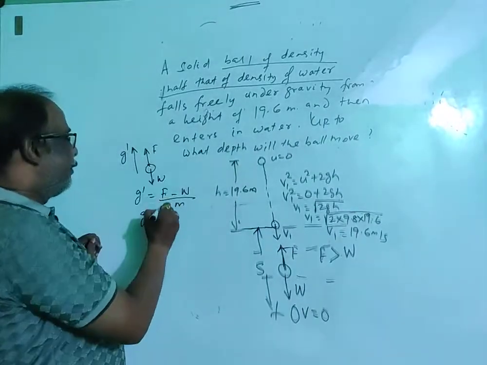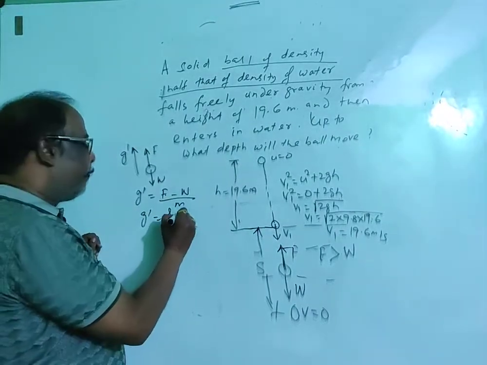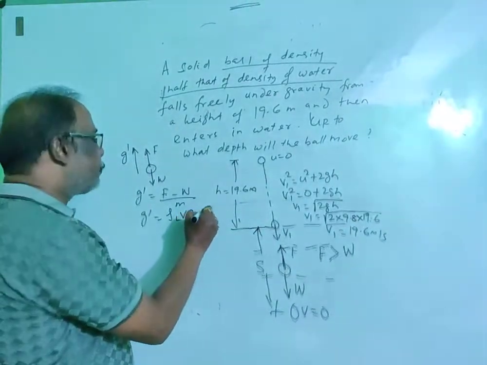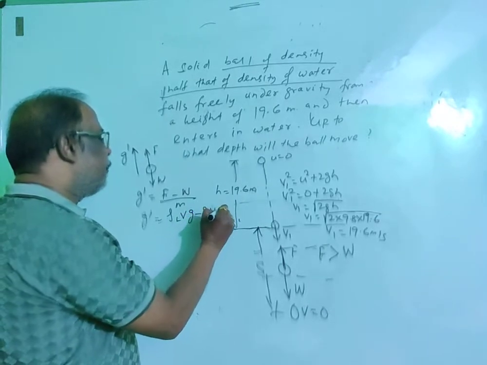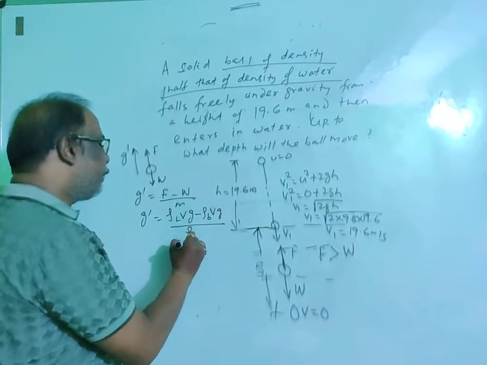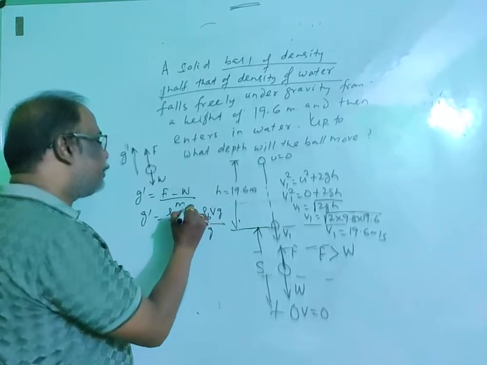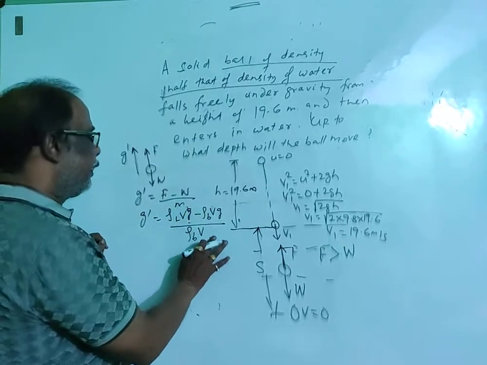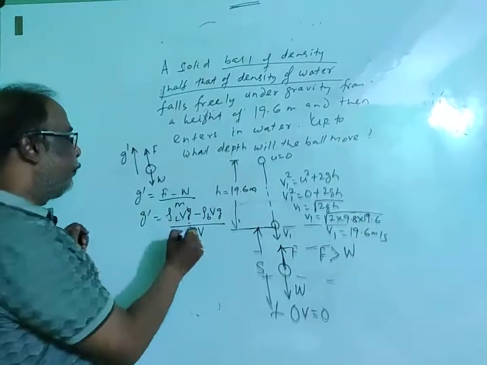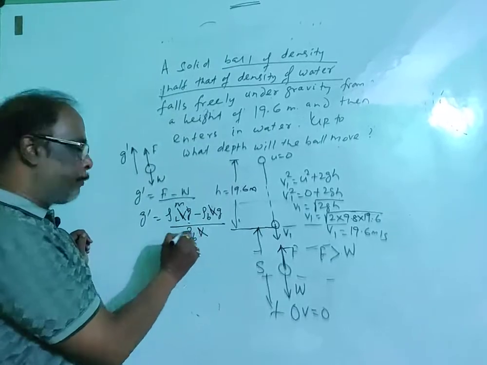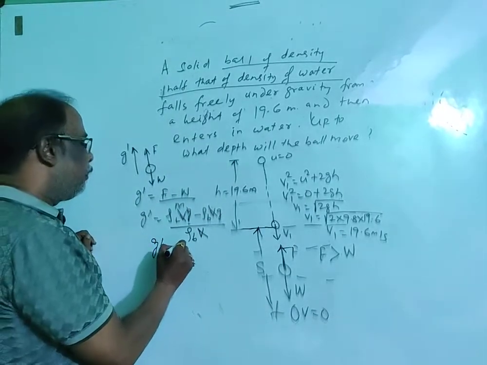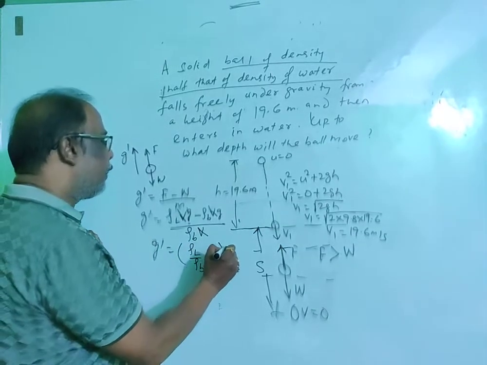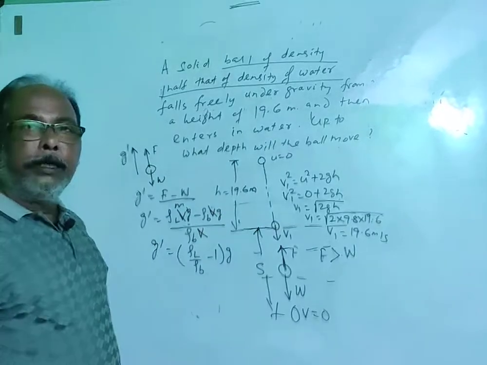Force is density of liquid, volume of displaced liquid, that equals volume of body, into G, minus weight: density of body, volume of body into G. Mass of the body is density of body into volume of body. Okay, V gets cancelled. Then it comes rho L by rho B minus 1, G, bring it common.